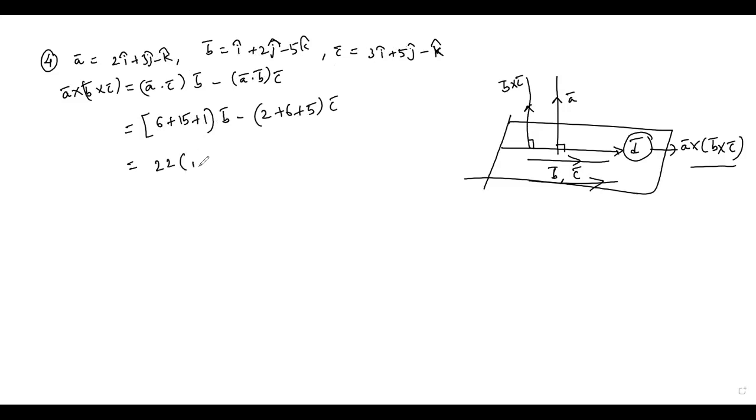What is B bar vector, substitute: I plus 2j minus 5k. 8 plus 5, that is 13 into C bar.